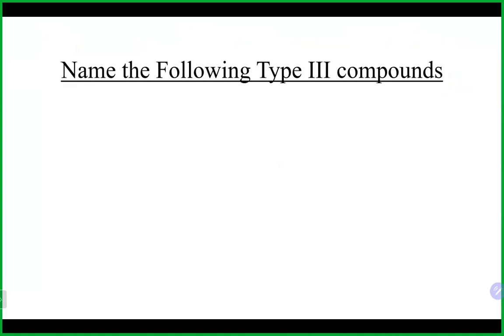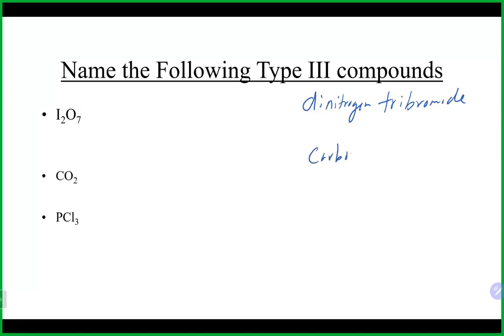Okay. All right, so why don't you give those a go? I'll give you some names as well. Let's do a little nitrogen tribromide. I'll just make something up. Let's do a little carbon tetrachloride. And let's do something that doesn't exist.